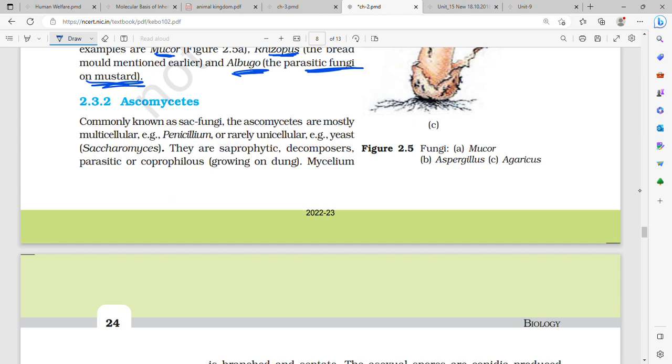Then Ascomycetes, commonly called sac fungi. Ascomycetes are mostly multicellular, for example Penicillium, or they can rarely be unicellular, for example yeast, Saccharomyces.